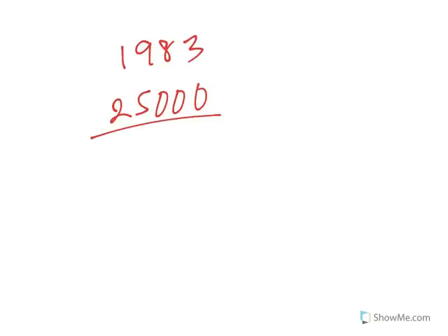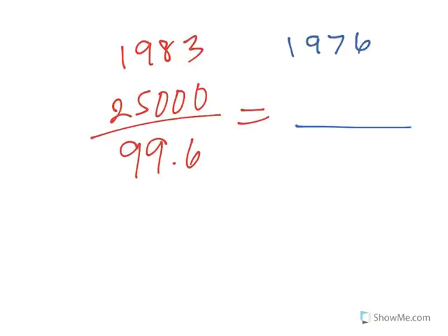We're saying, okay, let's keep that 1983 salary, $25,000 compared to the CPI of 99.6, but let's change the year to be 1976. And it says the end of 1976. You could take that to be December or use the annual. I used the annual, and that's where I got the 56.9 from.